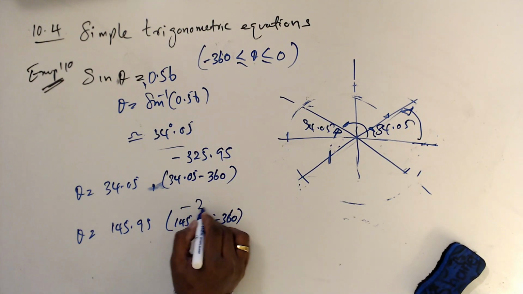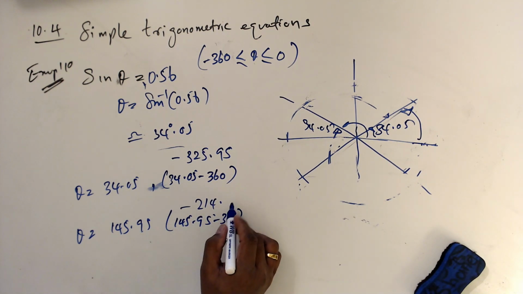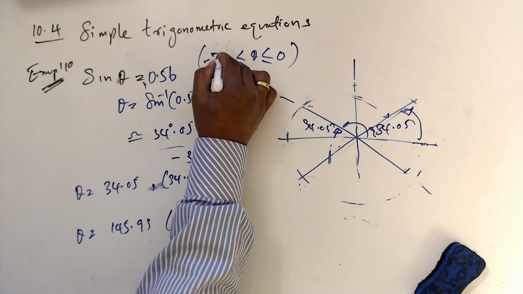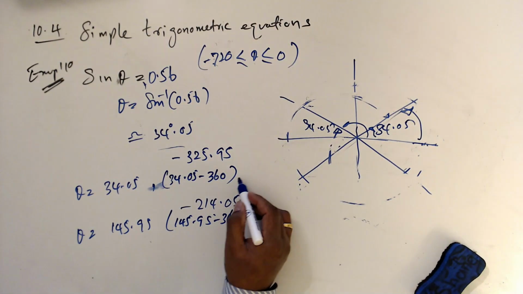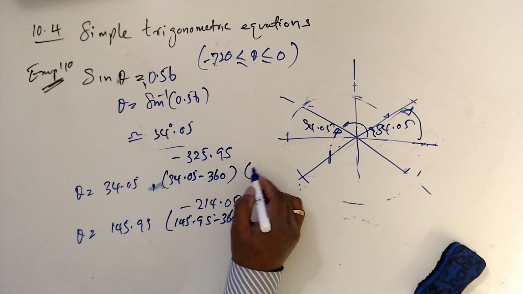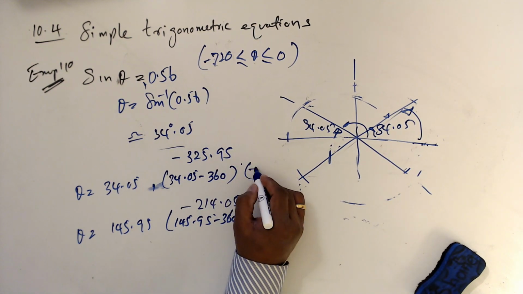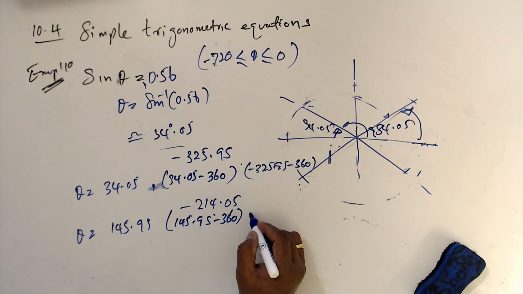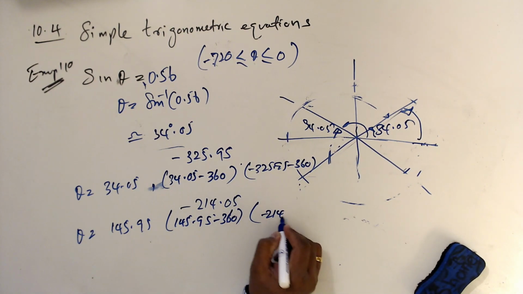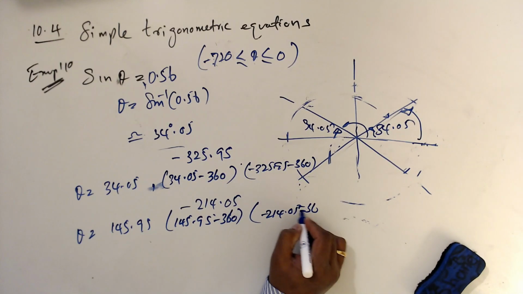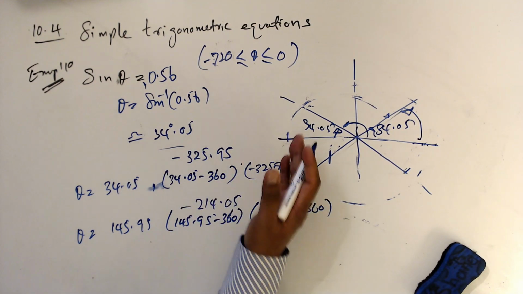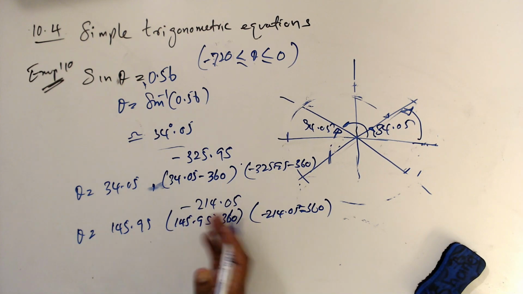This answer is minus 214.05. If I make this one to 720, what do you need to do? You have to take one more 360. So minus 325.95 minus 360 and minus 214.05 minus 360. And you are going backward until you check the matching answers.